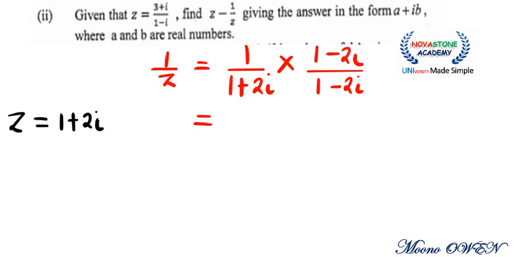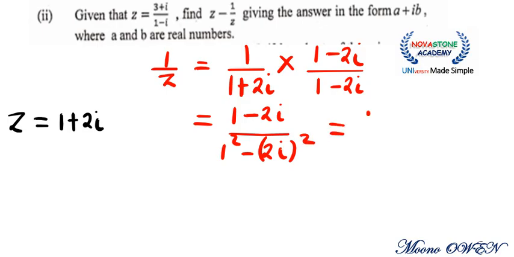Now when I multiply this one by that, I'm just going to have 1 minus 2i on top. Then what I have down is the difference of two squares, like we said. So I have 1 squared minus 2i squared. Now if I solve on top, 1 minus 2i, it will just be the way it is. When I come down, 1 squared is just 1 minus, the square is on 2 and the square is on i.